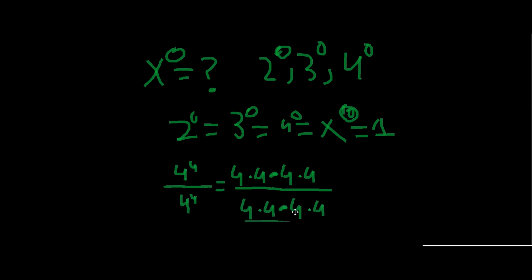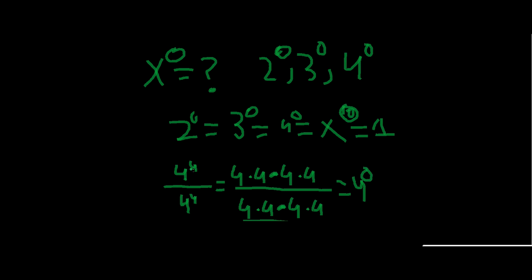And we know from our recently learned property that this is also equal to 4 to the 0, because you subtract 4 minus 4, which is 0.